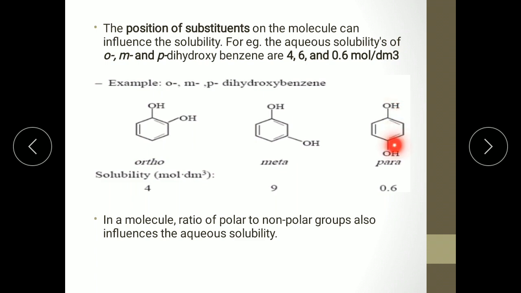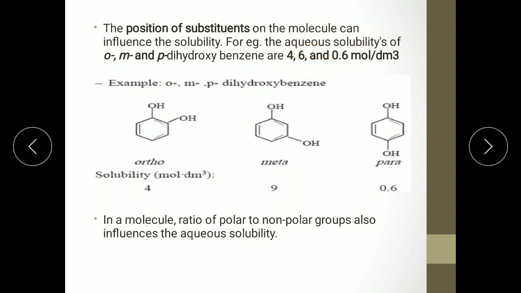Two hydroxyl groups are present on the benzene ring, but their positioning, the position of the substituent, will influence the aqueous solubility.